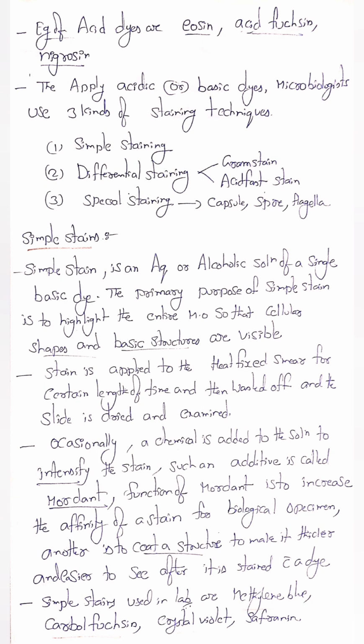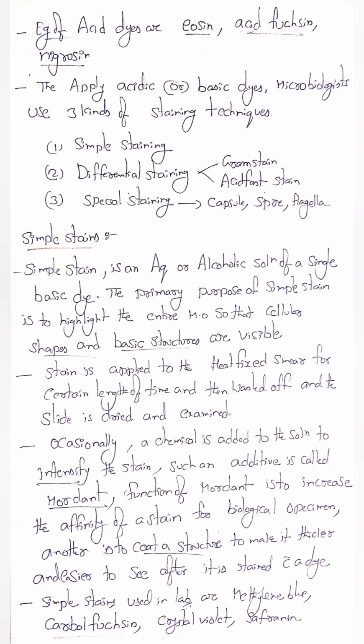A simple stain is an aqueous or alcoholic solution of a single basic dye. The primary purpose of a simple stain is to highlight the entire microorganism so that the cellular shapes and basic structures are visible. The stain is applied to the heat fixed smear for a certain length of time, then washed off, and the slide is dried and examined.